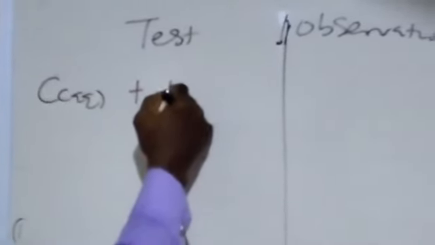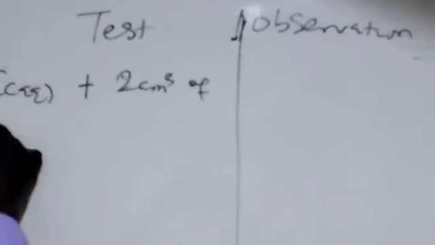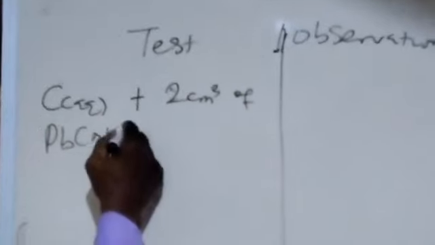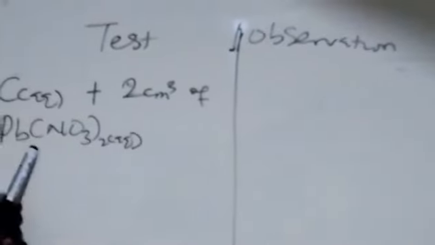Add 2 cm cube of lead(II) nitrate to C aqueous, which contains zinc ion and chloride ion.